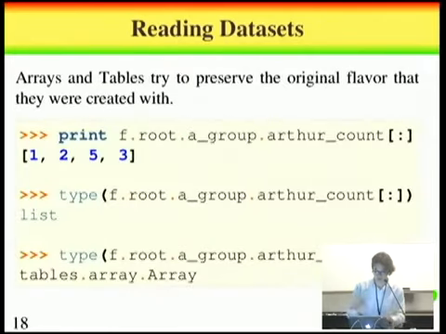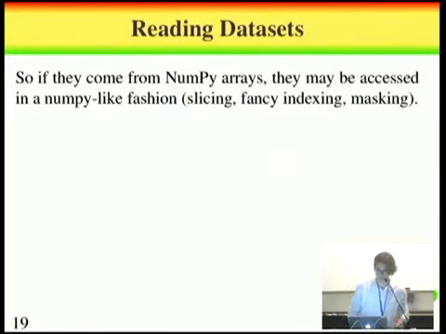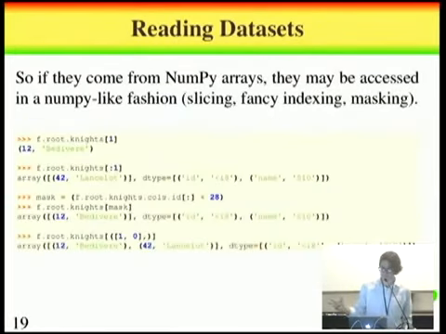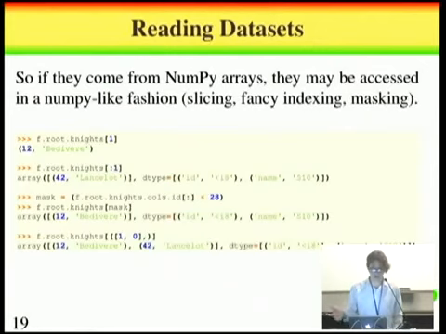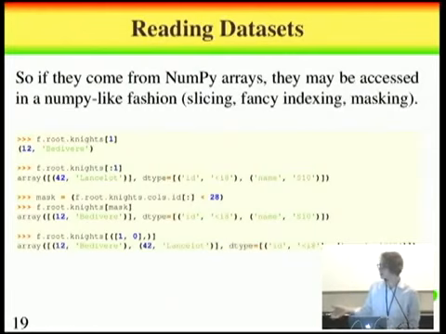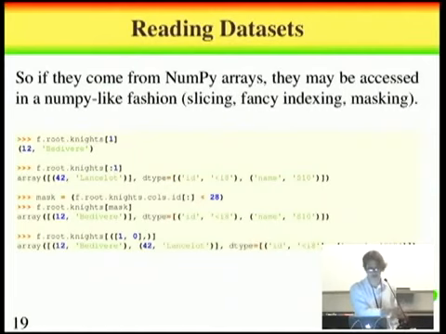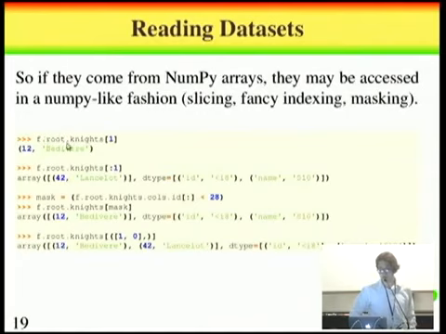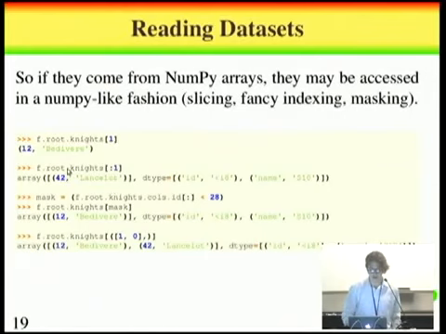So we'll just go on. If they come from NumPy arrays, for instance, you can access data from them using NumPy-esque slicing and fancy indexing and masking. So here, even though nights itself is a table, if you ask for the first element, it's going to give you that first element back out. If you slice, it's going to give you an array.